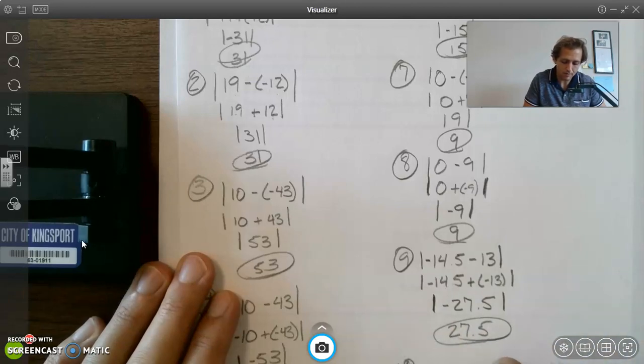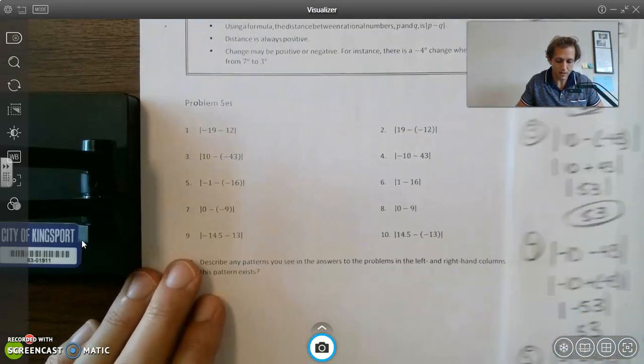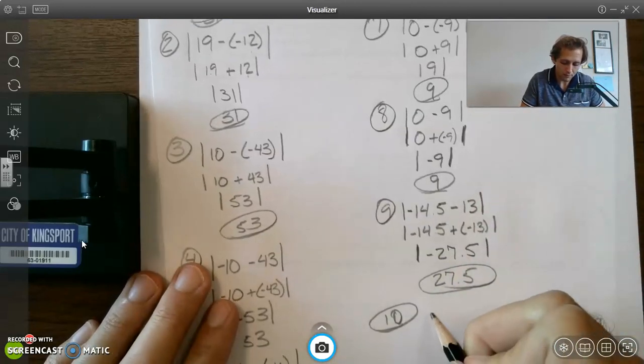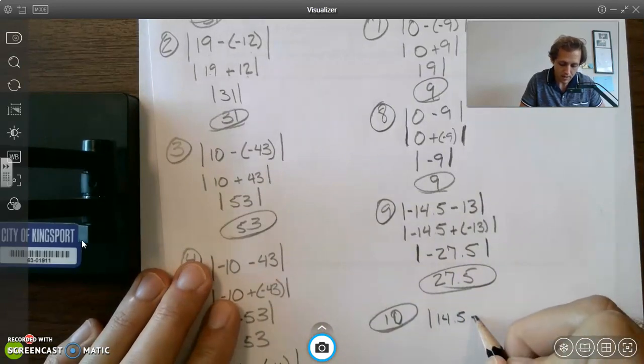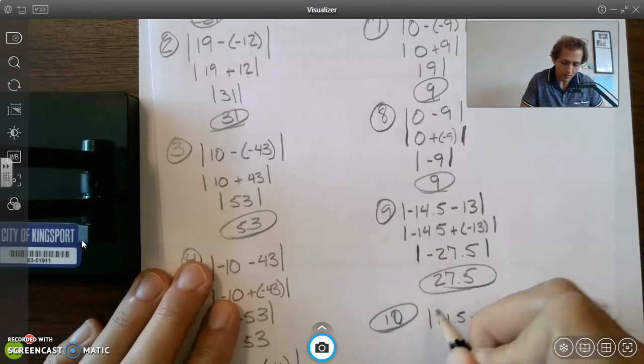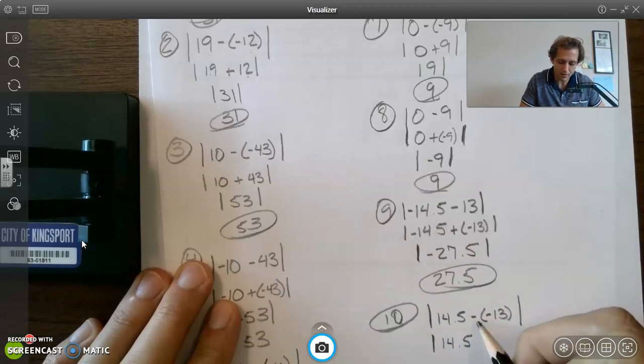Number 10. 14 5/10 minus negative 13. Well, I know that anytime I am subtracting, I can add the opposite. So I'm going to add the opposite of negative 13, which is 13.